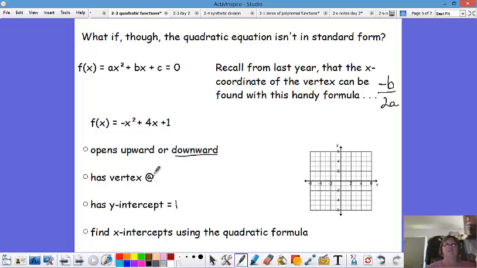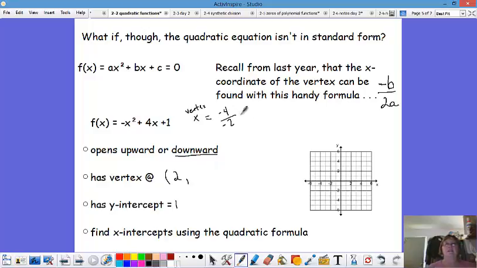Okay, so I'm going to go after the vertex next. And I know that the x-coordinate of the vertex is going to be, so I'm going to write vertex x up here. It's going to be the opposite of b, so negative 4 over twice a. A is negative 1, so that's over negative 2. And the x-coordinate of that vertex is going to be 2.